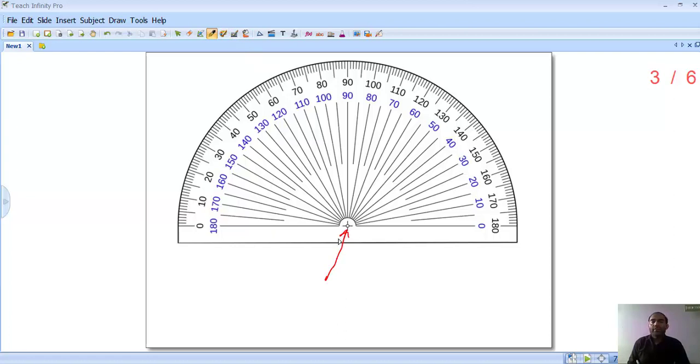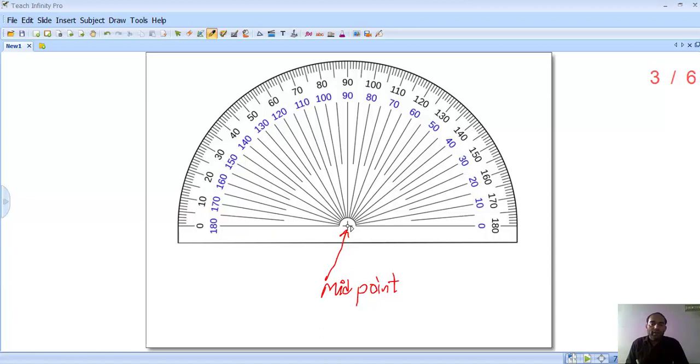This one is the midpoint. Some protractors may have a hole in the midpoint. So this is the midpoint of the protractor.